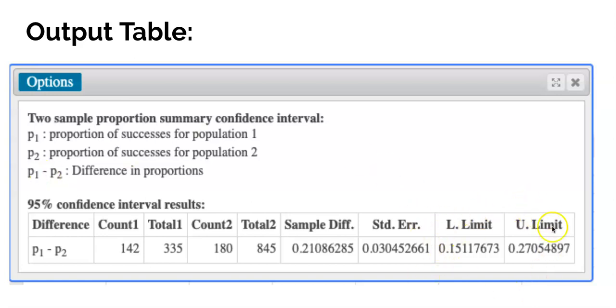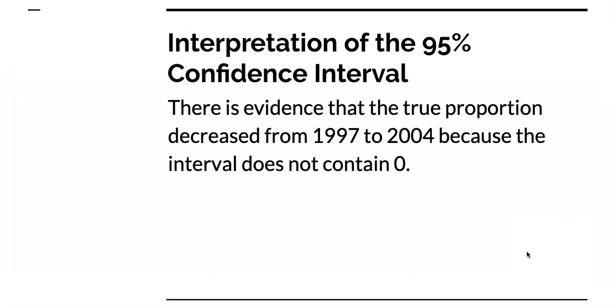Because our confidence interval came out completely positive, we are 95% confident that the true population difference is captured within this interval. So here is the interpretation of our 95% confidence interval. There is evidence that the true proportion decreased from 1997 to 2004. It went down, right? The difference came out positive because I did the number from 1997 minus the number from 2004, big number minus small number.